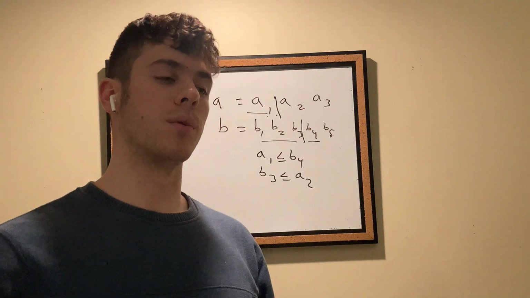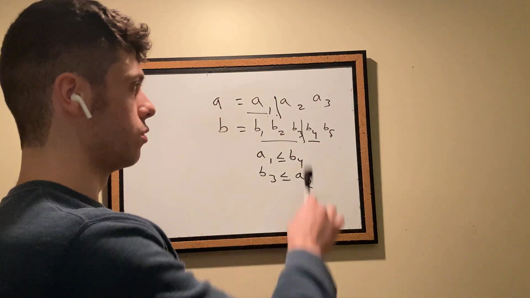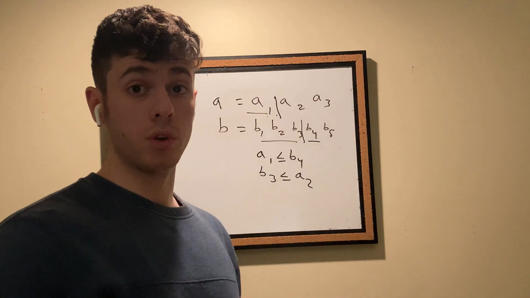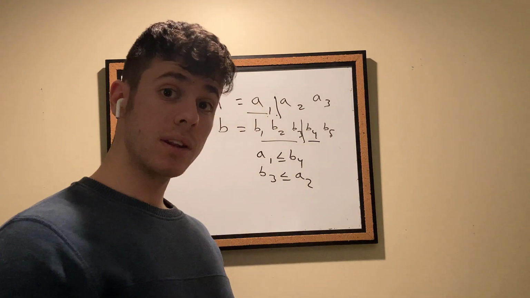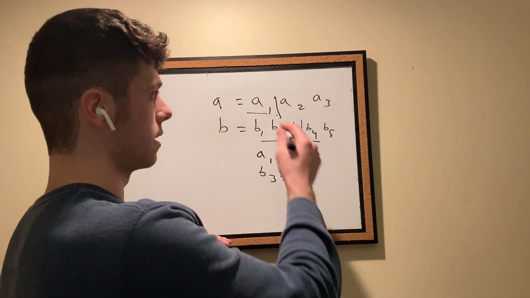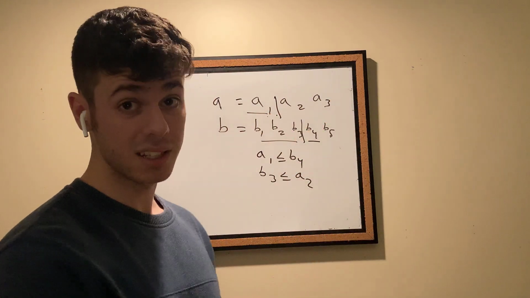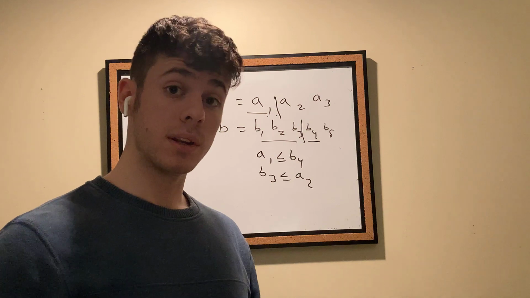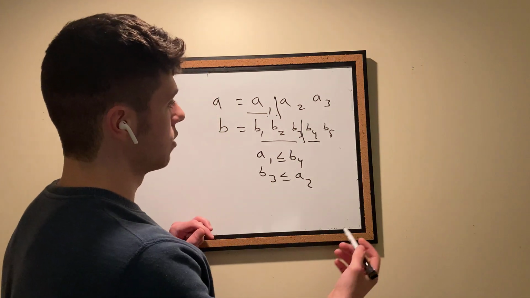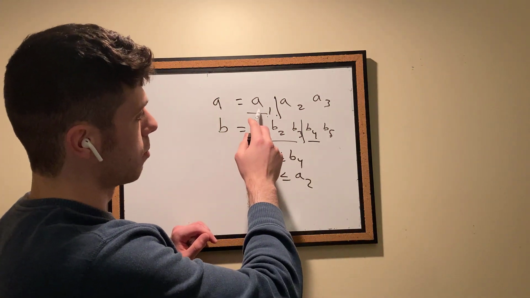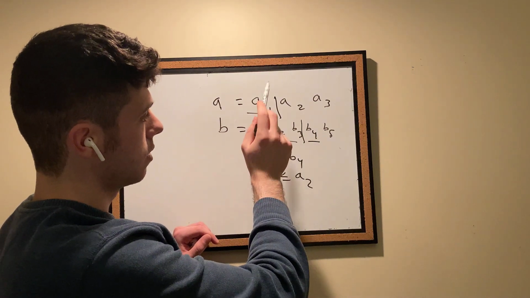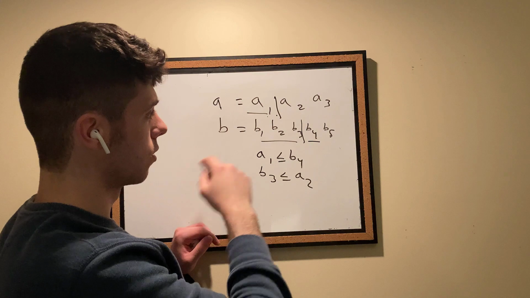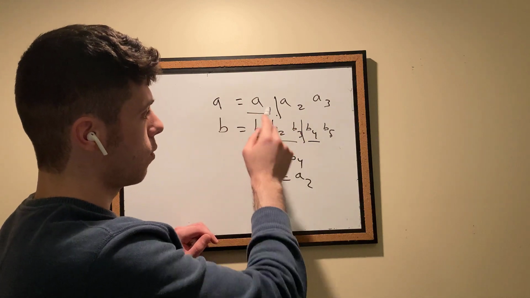You've found where you can partition, because what you're going to do now to find the median, if it's an even number of elements, so here you have 3 plus 5, that's 8, so the total number of elements is even, is find the maximum number between the left partition in the first and the second array. Which one is greater, A1 or B3?